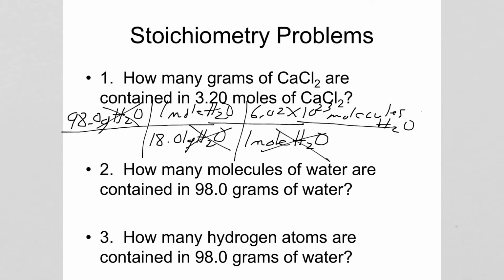The moles cancel out, so we multiply 98 times 6.02 times 10 to the 23rd. We divide that all by 18.01, and when we do that, we end up with a final answer here of 3.28 times 10 to the 24th, and that is molecules of water.